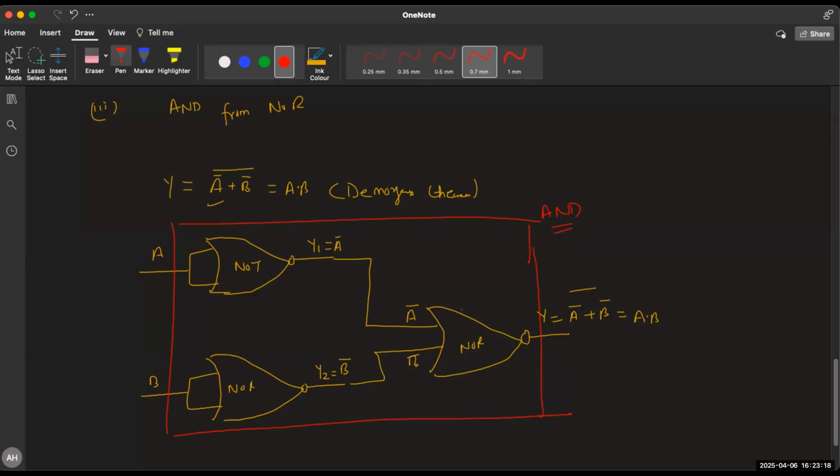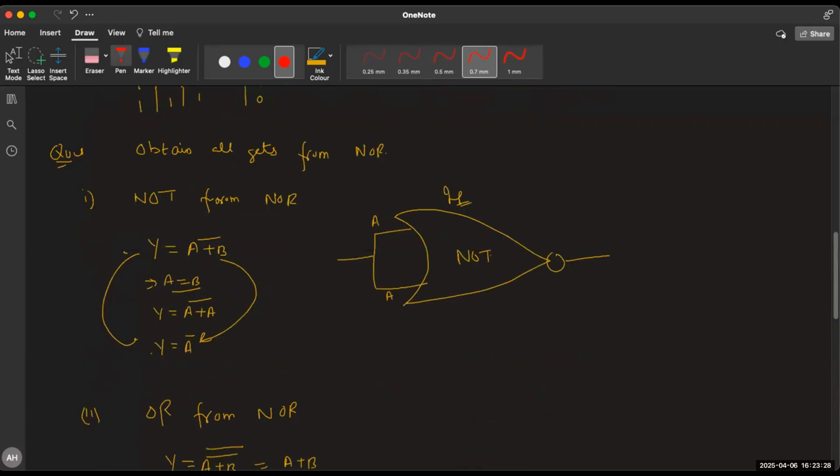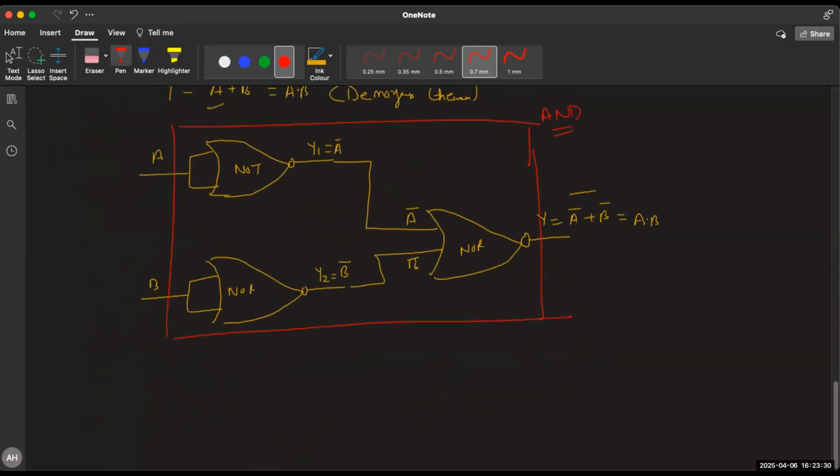Yes, sir. Okay. So from the operations team, you must have got 3 screenshots, right? Yes, received, sir. Okay, so that is all three gates from NAND gate, the same procedure. These two are important questions.